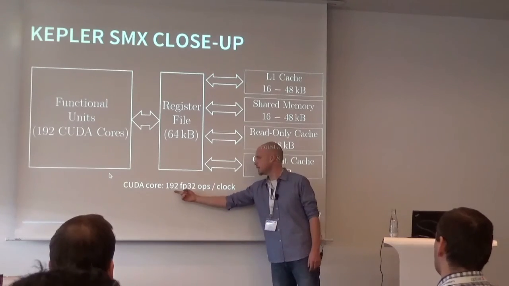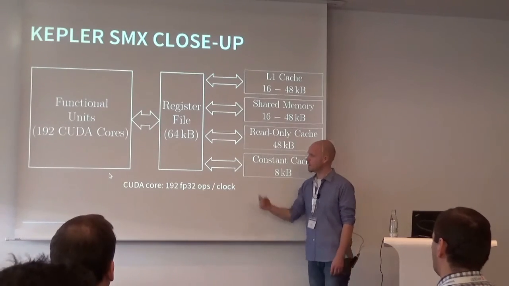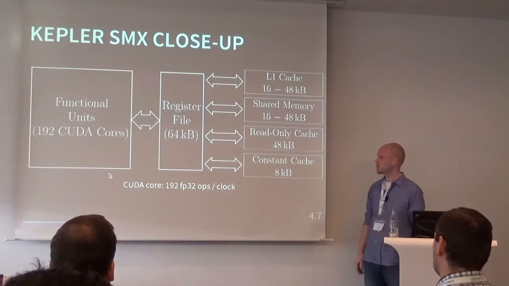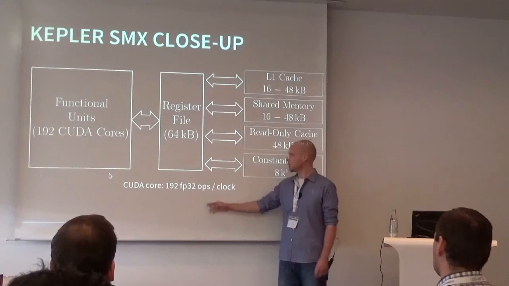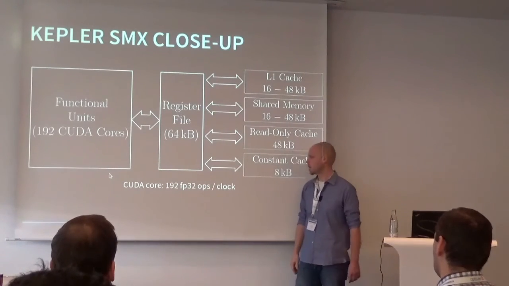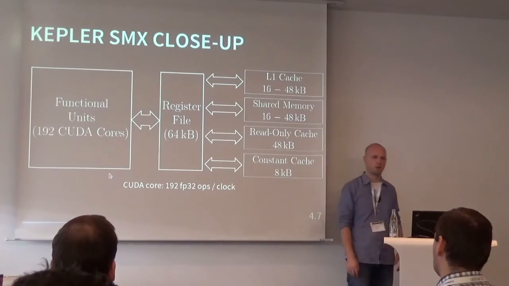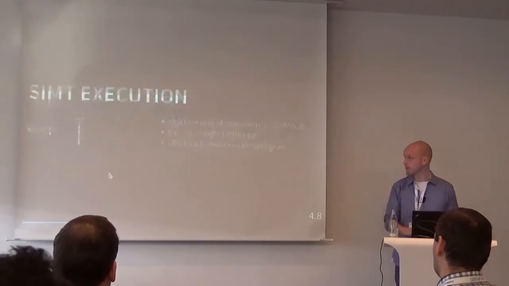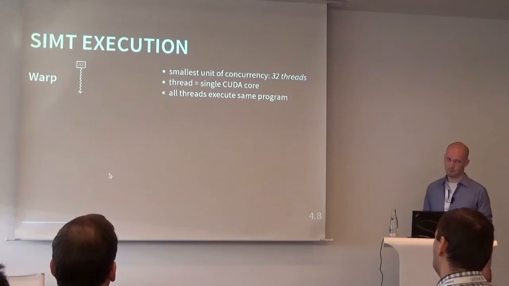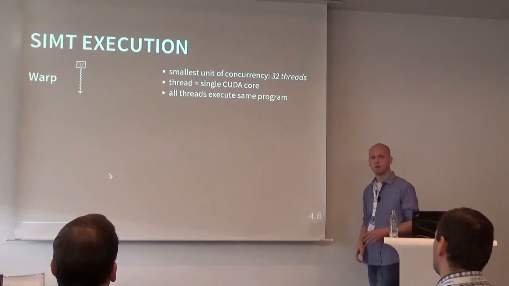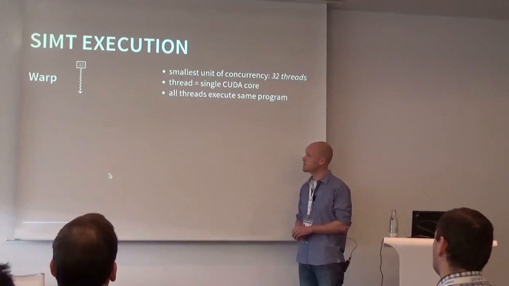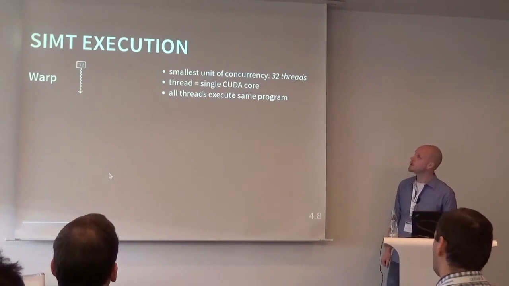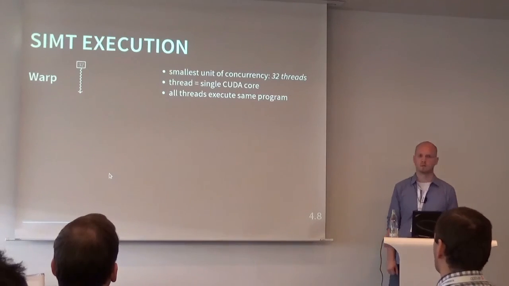One thing to keep in mind: one of these streaming multiprocessors, if I understood the NVIDIA documentation correctly, can execute 192 single precision floating point operations per clock tick. Okay, and we're talking about 900 to 1,000 megahertz. So the basic principle behind GPUs is single instruction, multiple threads, right?